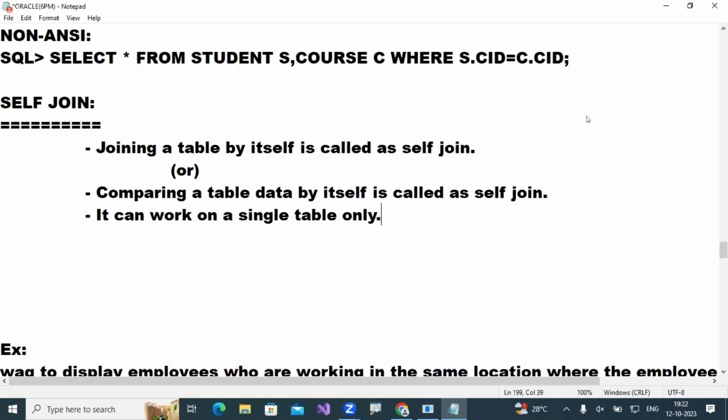So okay, there are two points to understand. Next you have to think: a table by itself will join or compare. Suppose you want to compare by yourself. How to compare?